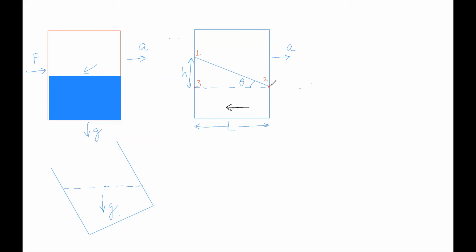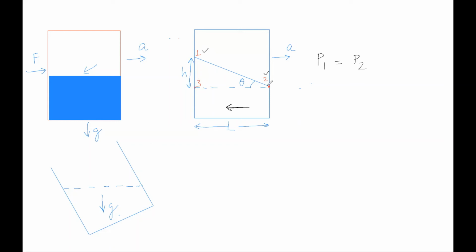Let us write that in the form of expressions. Immediately we can say that location 1 and location 2 are exposed to the outer atmosphere, so they are expected to be at the same pressure. We can write immediately that pressure at 1 should be equal to pressure at 2. Now apply Pascal's law in the vertical direction, that is, a comparison of point 1 and point 3.